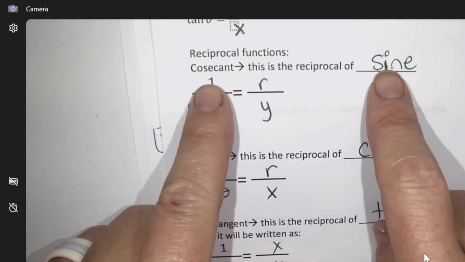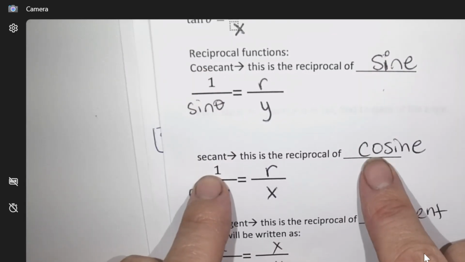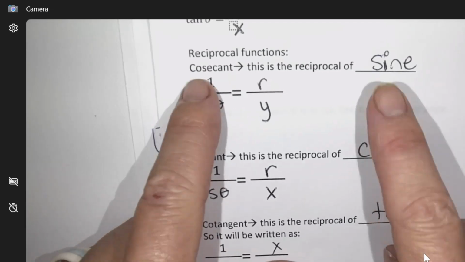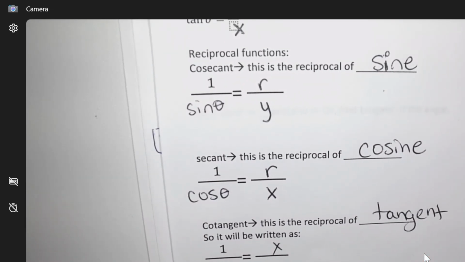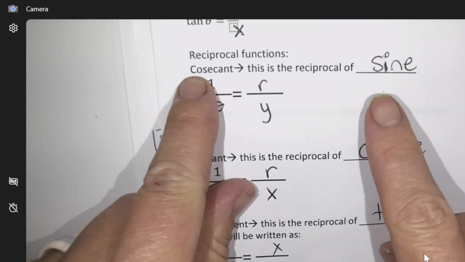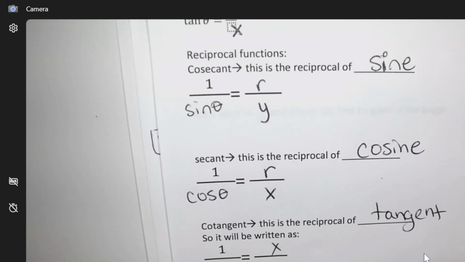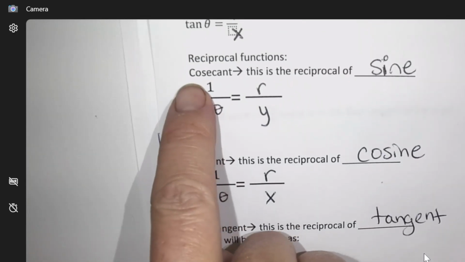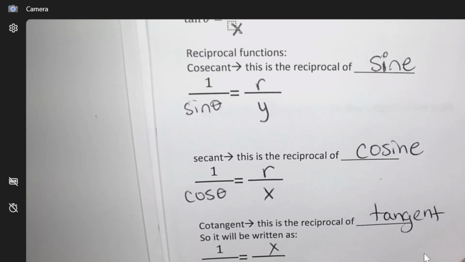So here's what I always do to remember this. The S and the C words. Do you see it? S and C, S and C. They don't match up, right? Cosecant and sine. Okay, so you got that? The C letter goes with the S letter. The S letter goes with the C one.